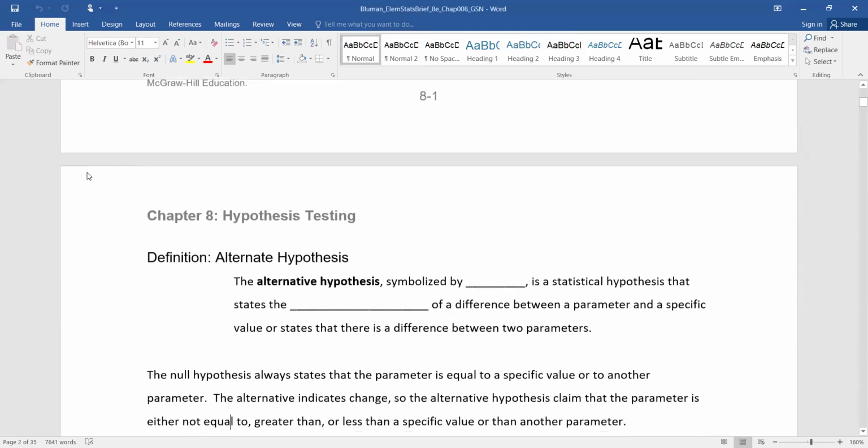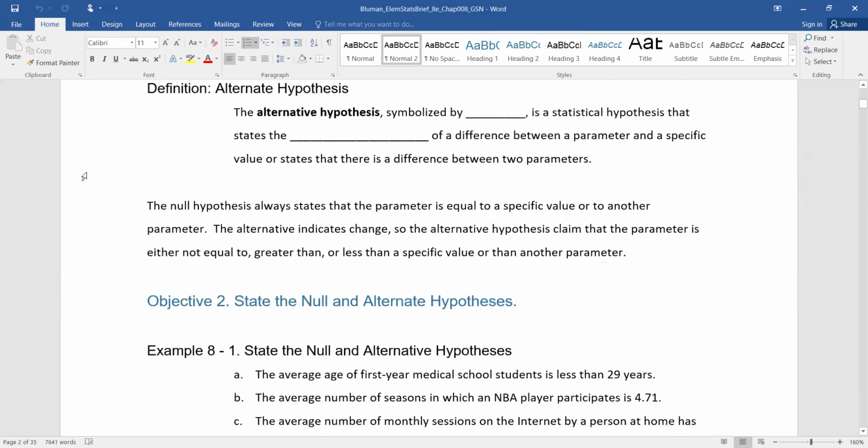All right. So with that being said, the last one right here is the alternative hypothesis, symbolized with H1. It is a statistical hypothesis that states the existence of a difference between a parameter and a specific value, or states that there is a difference between two parameters.